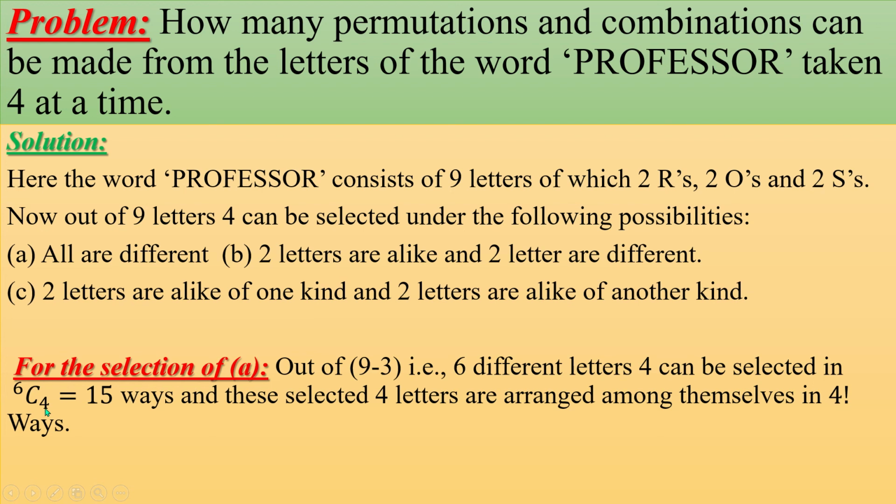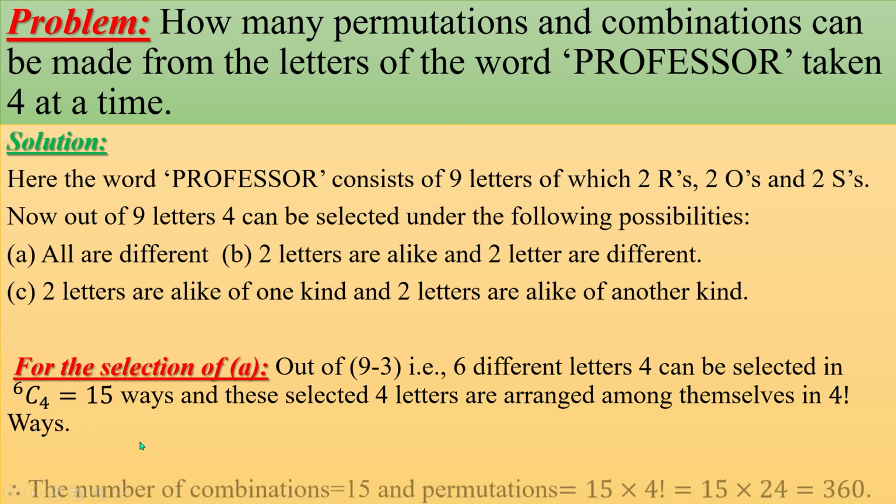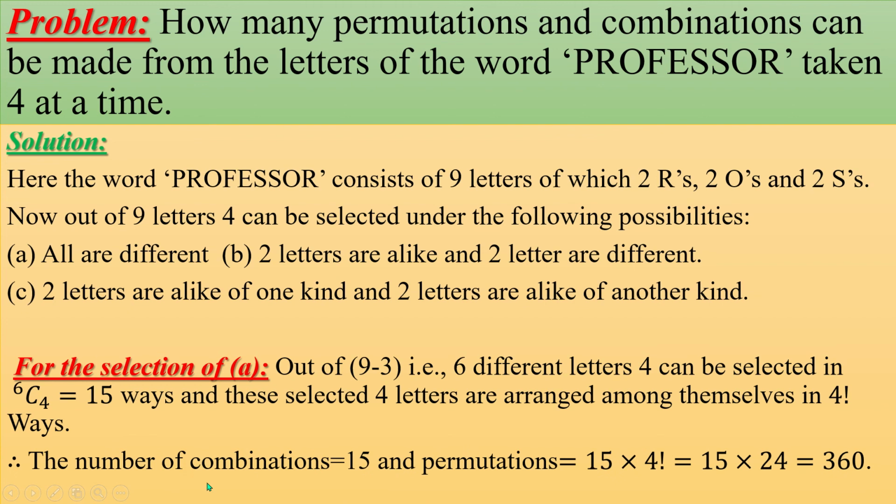This is a permutation, but combination is 6C4. Now follow the next line. Therefore the number of combinations equals 15. But permutation will be nCr, 15, into r factorial, r factorial means 4 factorial. After calculating, we'll get 15 into 24, which equals 360. So this is combination and this is permutations.